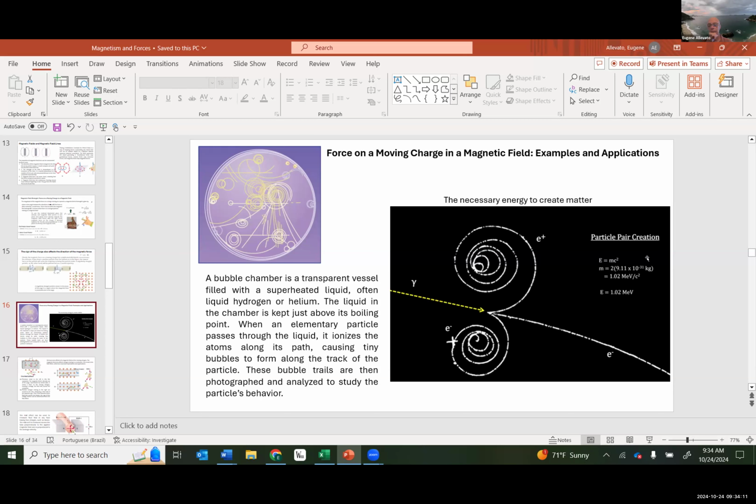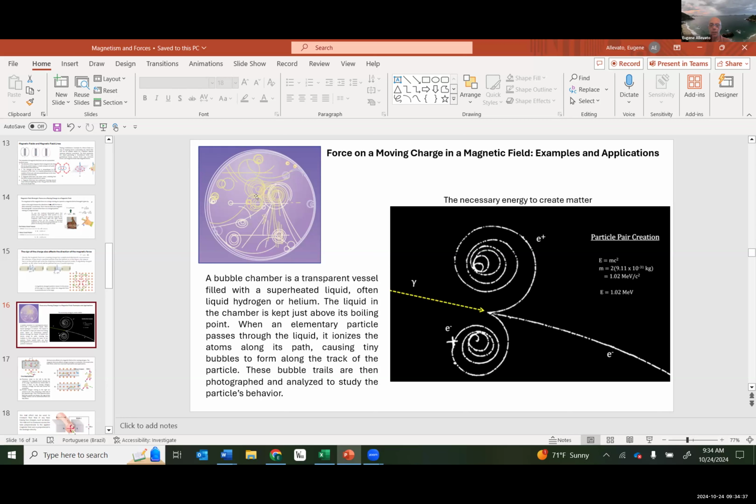And here the experiment is an electron beam colliding with a gamma ray, very high energy. So it causes it to split into two other particles, right? So it creates a particle pair, right?